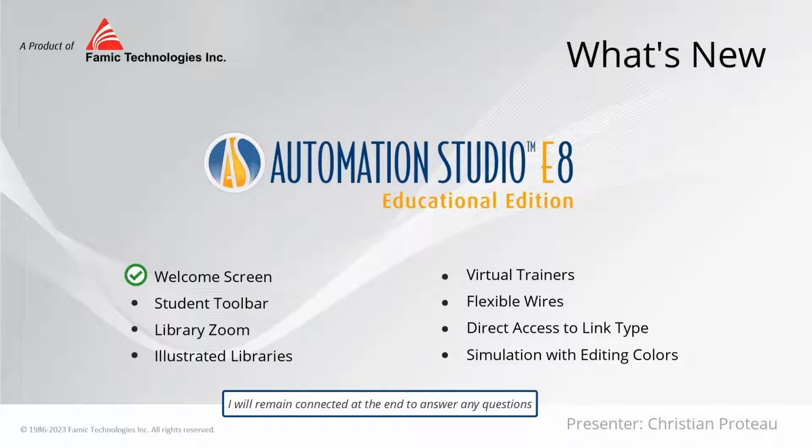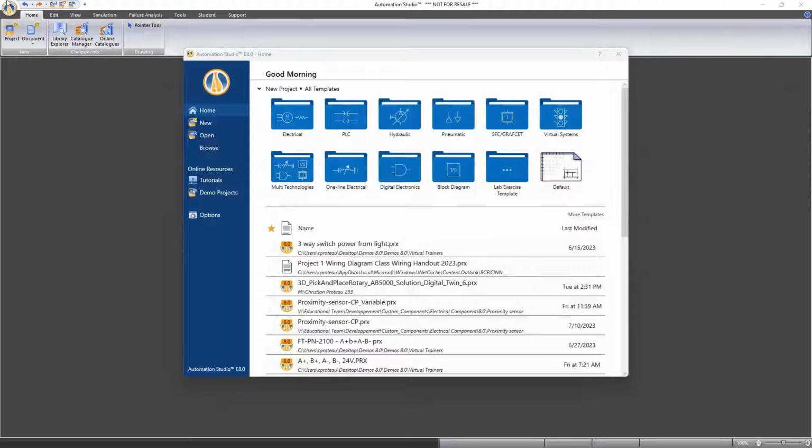So let's start with the welcome screen in version E8. When launching Automation Studio, this window will pop up on your screen. This new welcome screen enables you to choose different pre-made templates to guide you through which technology you want to start with.